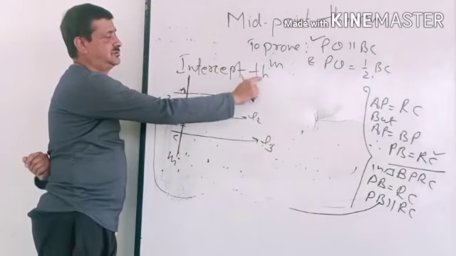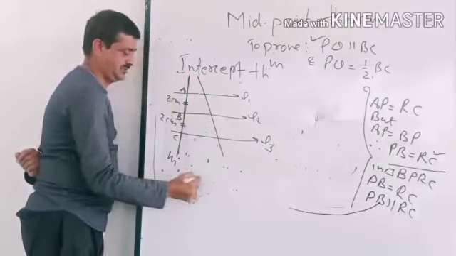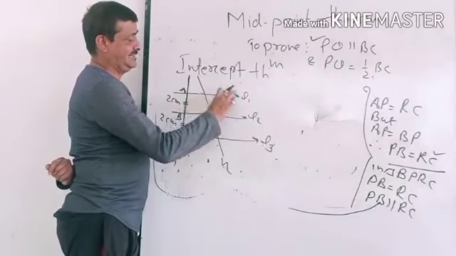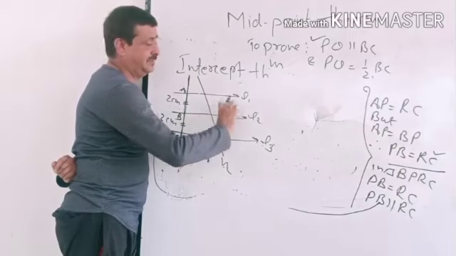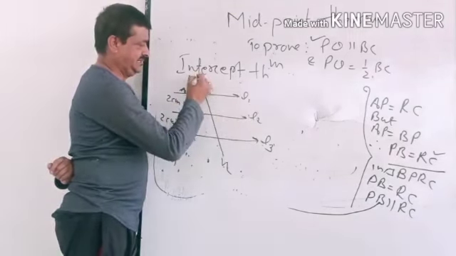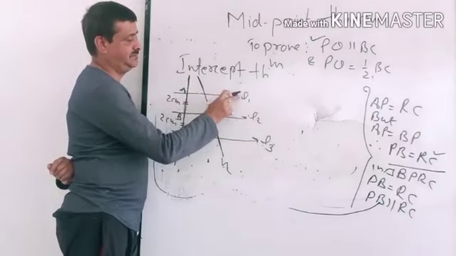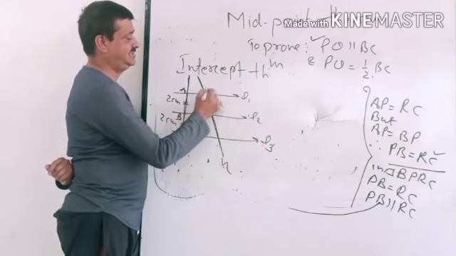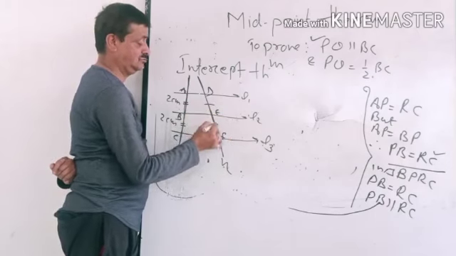So the intercept theorem states that whatever transversal you draw on these, suppose I put a new transversal N, then the intercepts made on N by L1, L2, L3 will also be equal to each other. The intercepts made by L1, L2, L3 on the transversal, say at D, E, F, this will be equal to this.